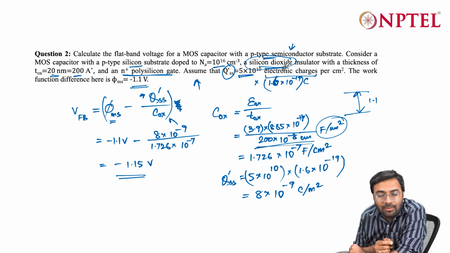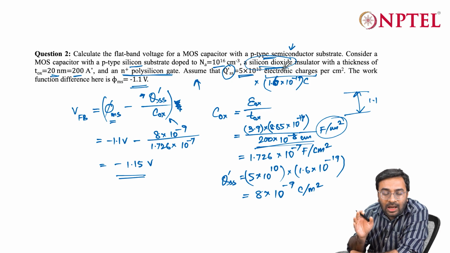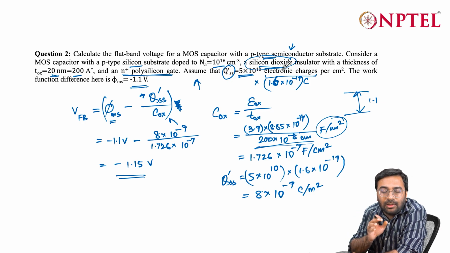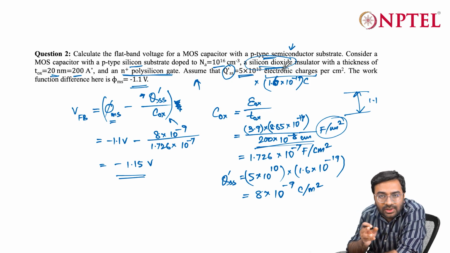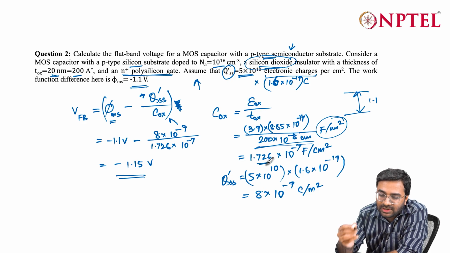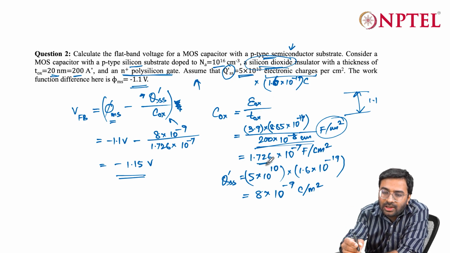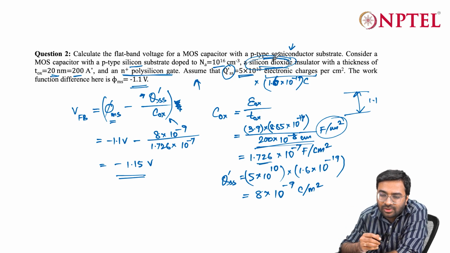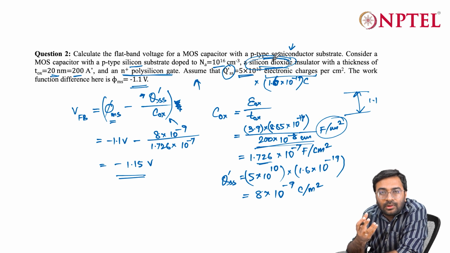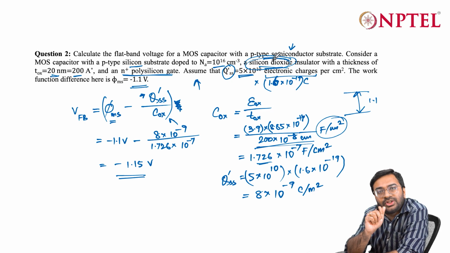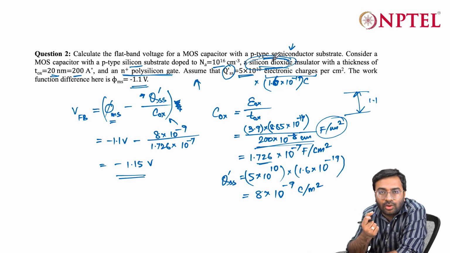And at the same time, also think how this information can be used to design a novel device, a novel sensor, just by changing some parameters. So, you are getting a flat band potential of this much, the oxide capacitance is this much. For example, what if I change the dielectric, that is silicon dioxide, with a material that say absorbs gas, and the dielectric constant changes based on the gas absorption.